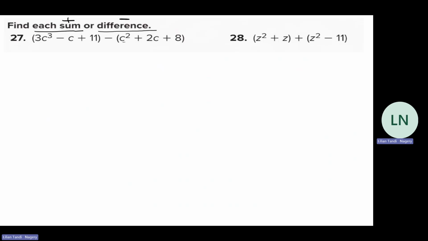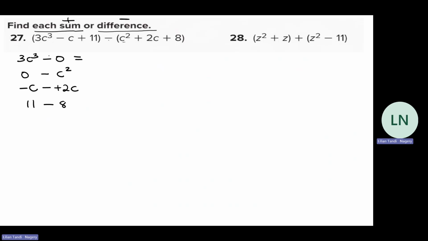Okay, let's do this. Let's make friends. So we have 3c cubed minus no friend. No friend means 0. Then we have c squared here, but he doesn't have a friend here. So 0 minus c squared. Okay? Then we have negative c minus positive 2c. Then we have 11 minus 8.